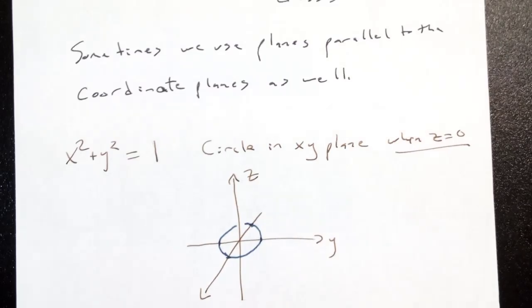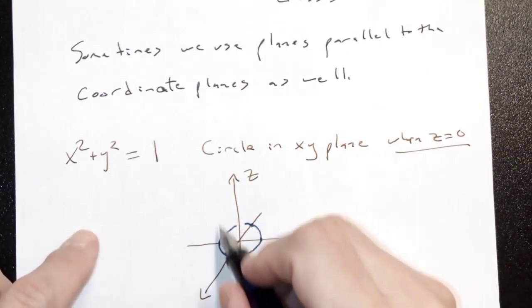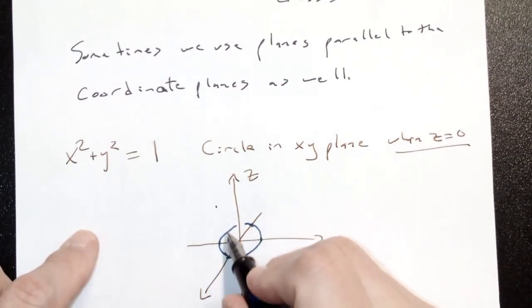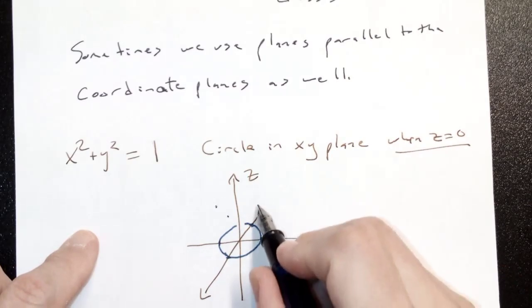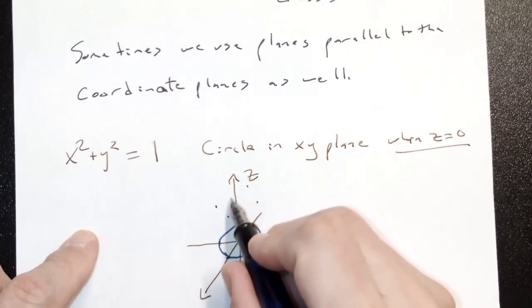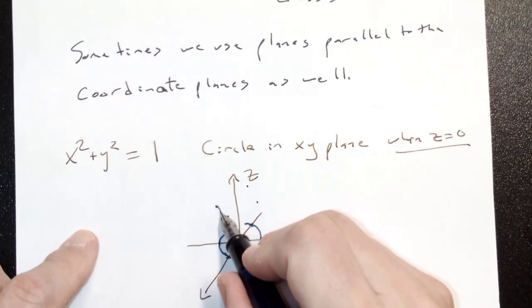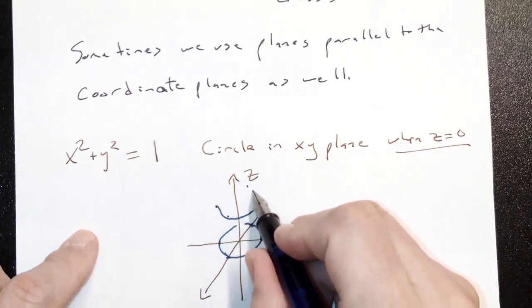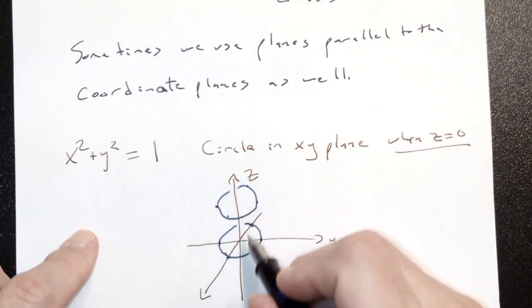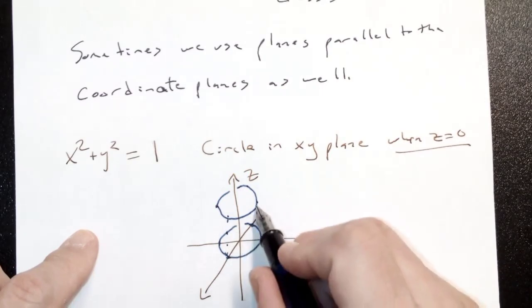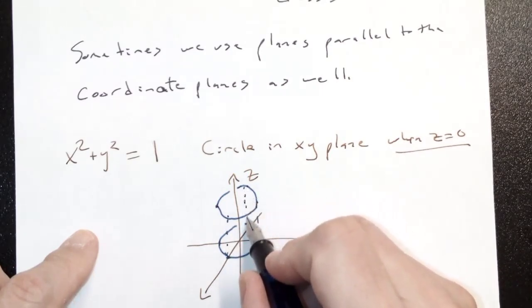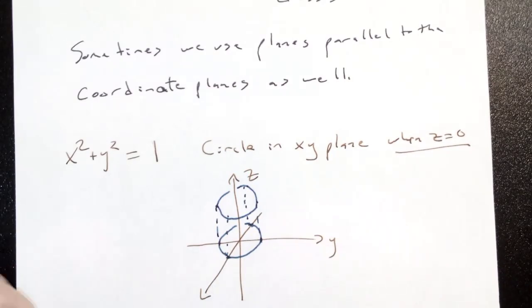So that means up here, there's another circle directly above that one, at whatever height we want.